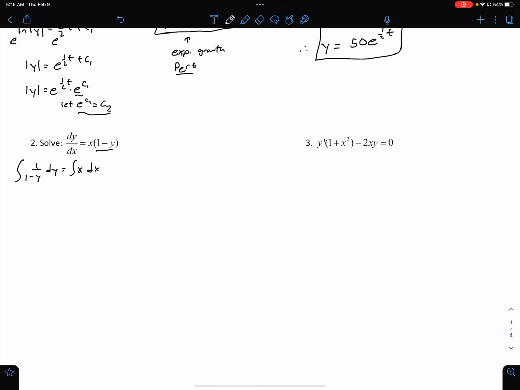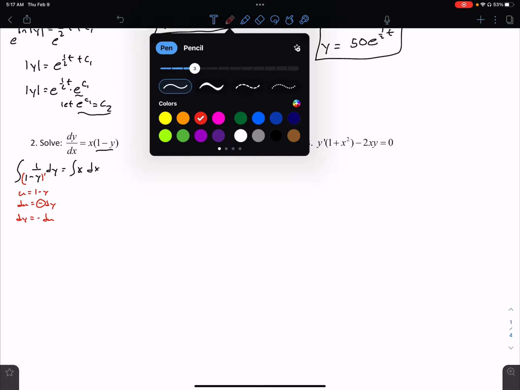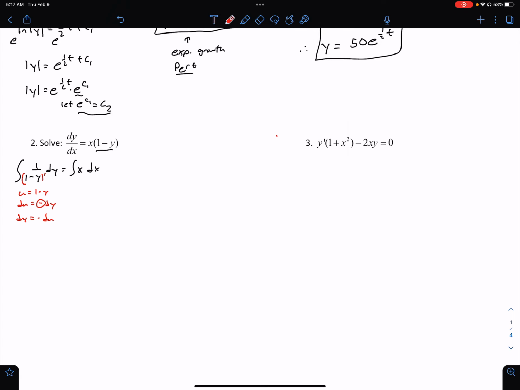All right, this is a little bit trickier here. So I'm going to switch colors here. For the first one, this is going to be a natural log, but be careful with the inside. Our u is this 1 minus y. So du equals negative dy. That's important for us. So we get dy equals negative du.